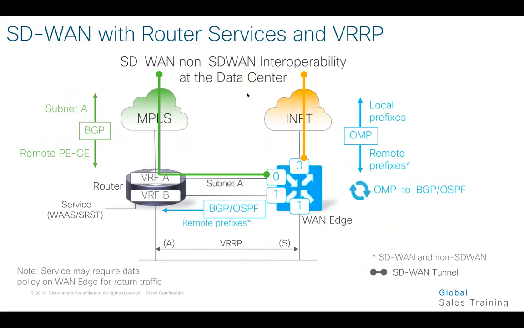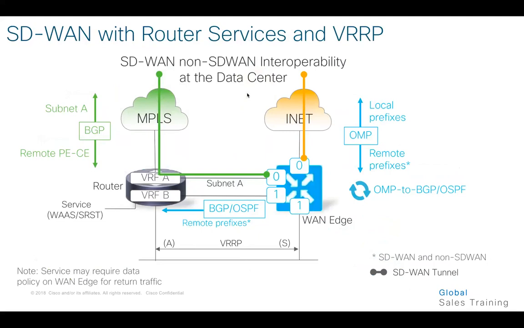Right? What we did is we have 2 VRFs on the router which is running on the left side, which is WAAS. Technically, we put the transport side in a different VRF, let's say VRF-A, and service side in VRF-B. That way, I separated my routing table of transport side and service side at the router level.